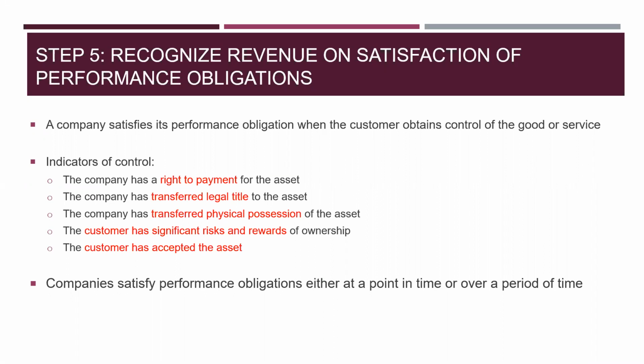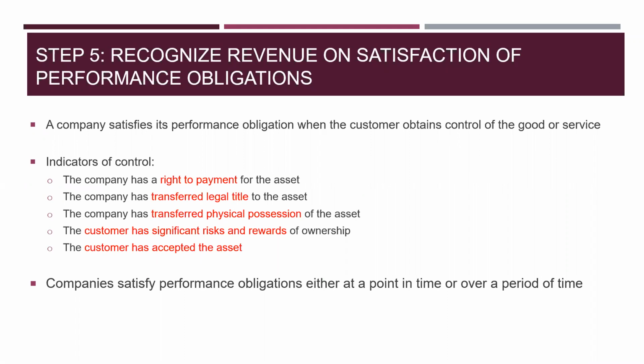So some of the indications of transferring the control is: the company has the right to payment, the transfer of the legal title to the customer, the customer has the physical possession of the asset, the customer has the significant risk and rewards, and the customer has accepted the asset.